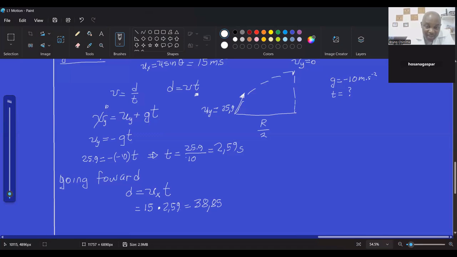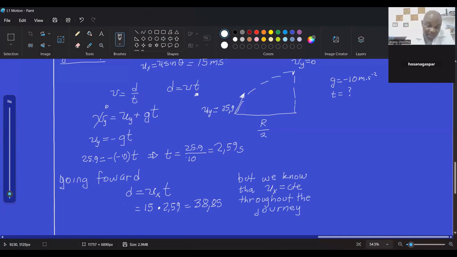But we know that V is constant throughout the journey. We know that ux equals a constant throughout the journey.